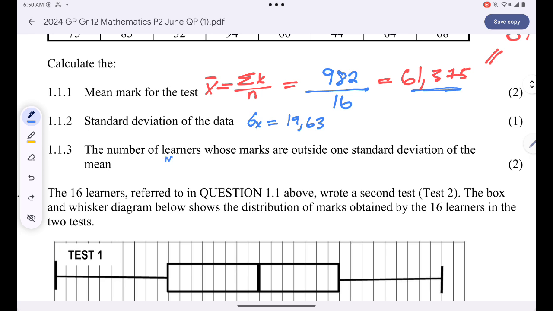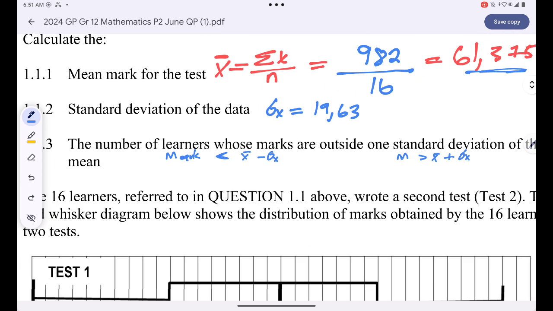That means the mark of a learner must be less than the mean minus 1 standard deviation, or greater than the mean plus 1 standard deviation.